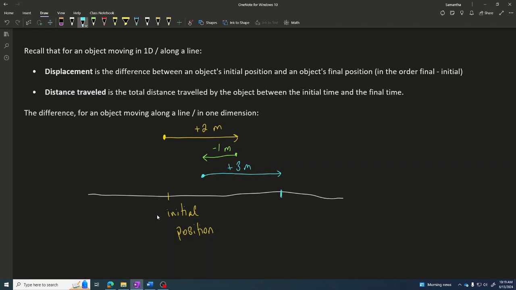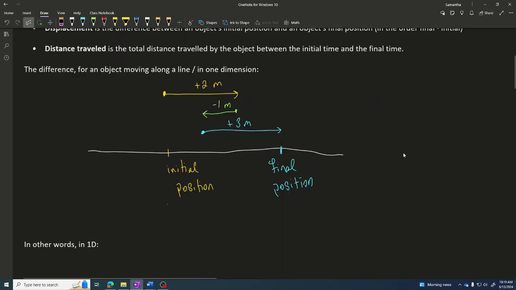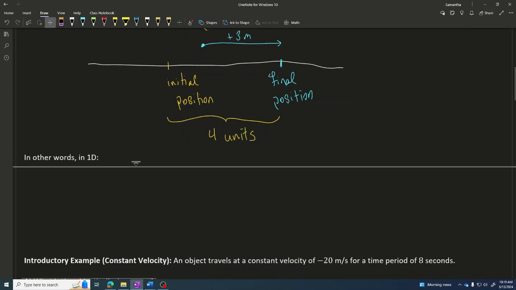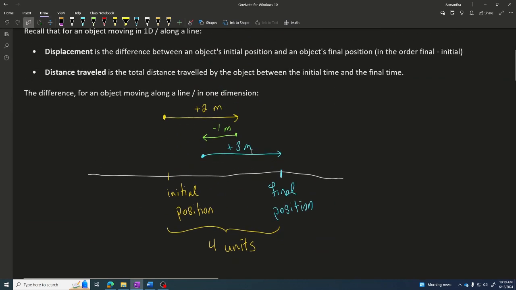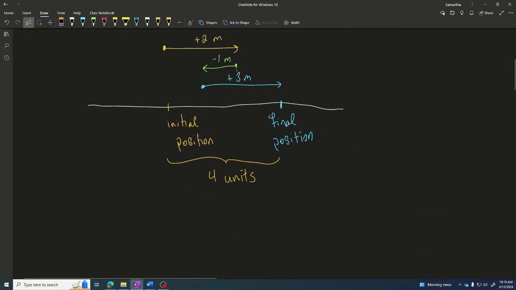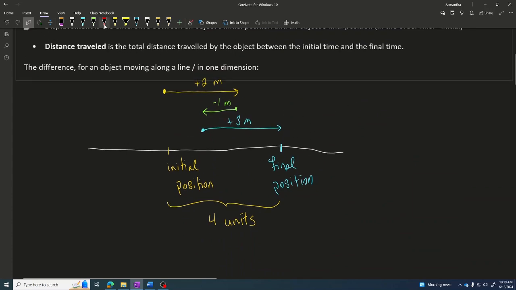They wound up at a position that is 4 units away from where they started. So in this terminology, for this person who walked forward 2 meters, back 1 meter, and then forward 3 meters again, this person's displacement would be 4 units.